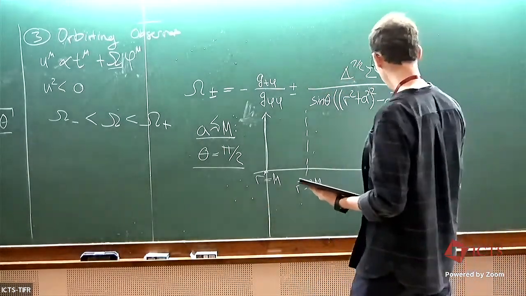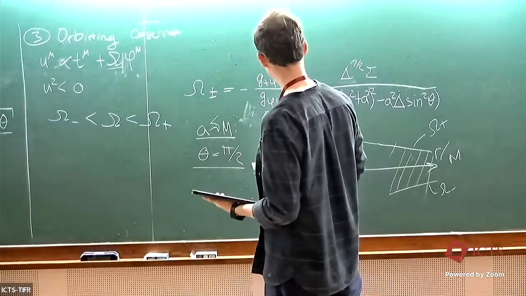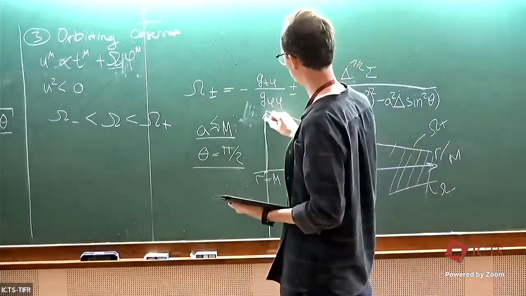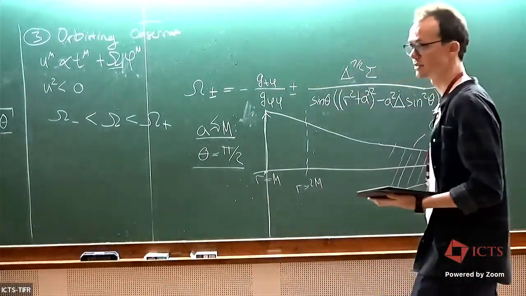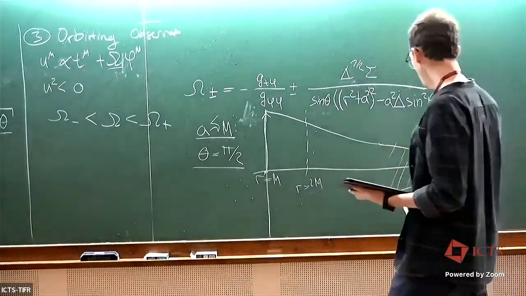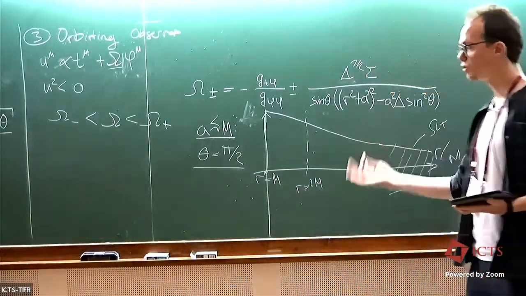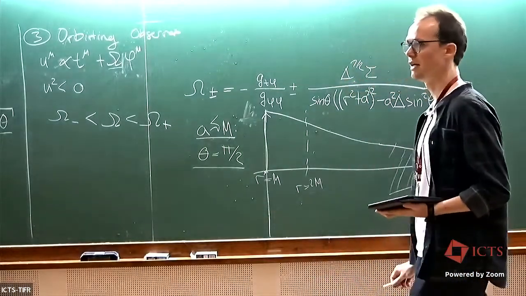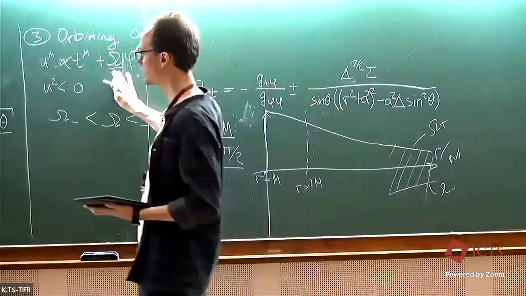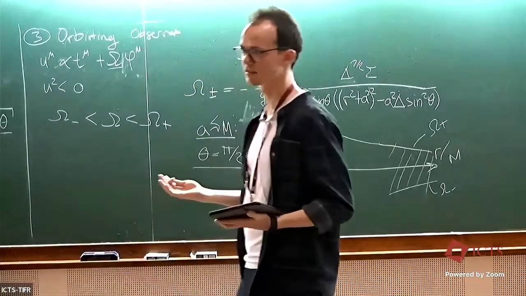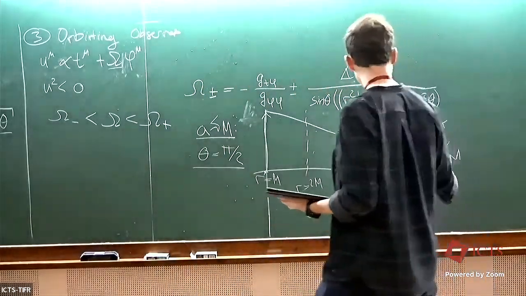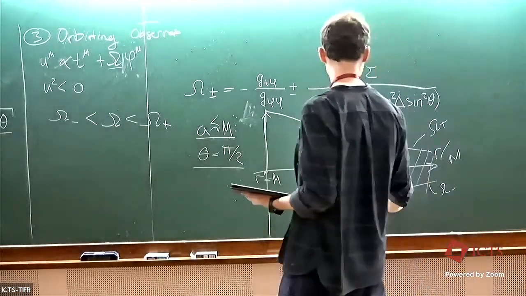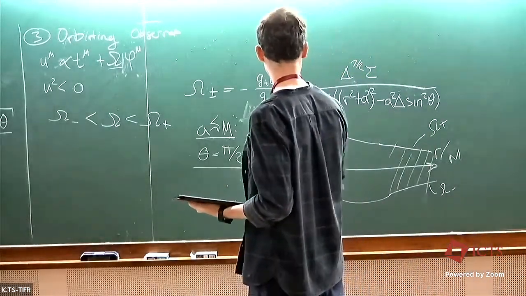And so what happens is the following. The omega plus line asymptotes to some finite value on the horizon. And for the omega minus line, we already know that on the ergosurface, an observer with omega equals 0 can marginally exist. So omega minus must go through 0 on the ergosurface. So it does something like this.